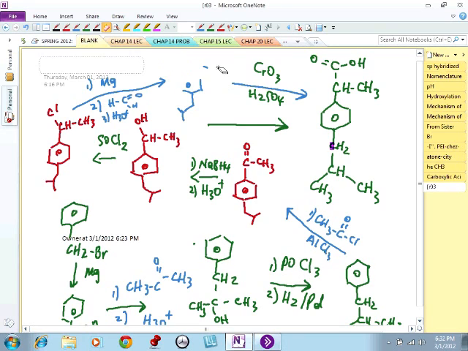Now, for the commercial process, what they do, at this point, they take the alkyl chloride. Can you guess what they do to make this in the commercial process?